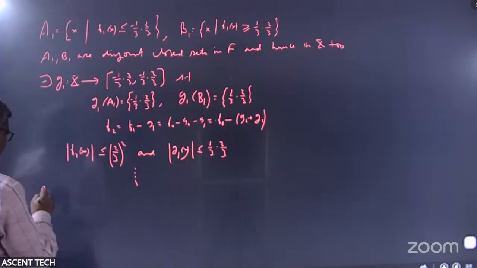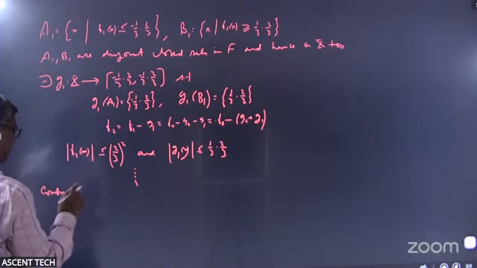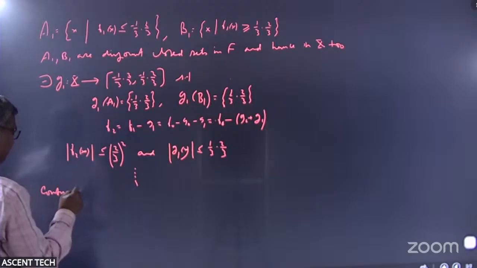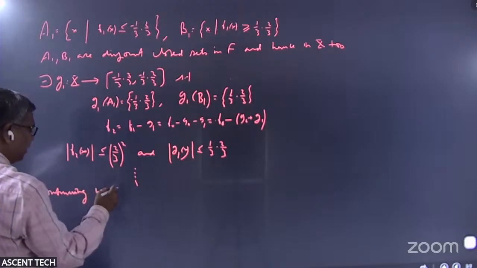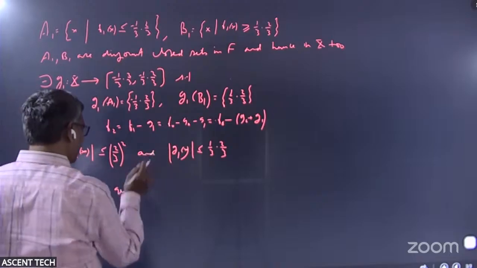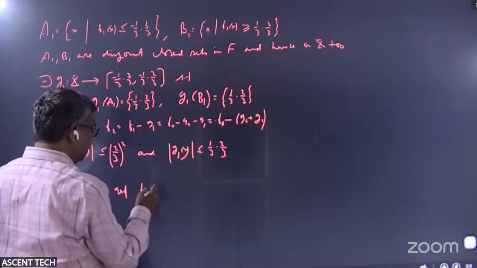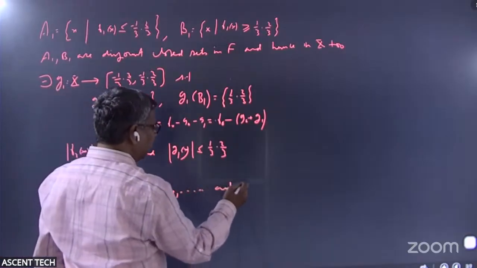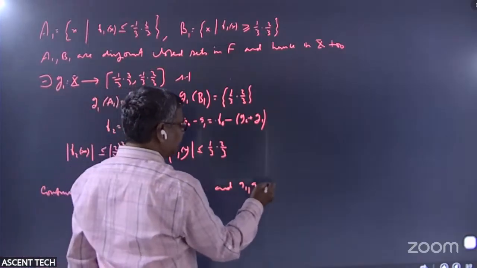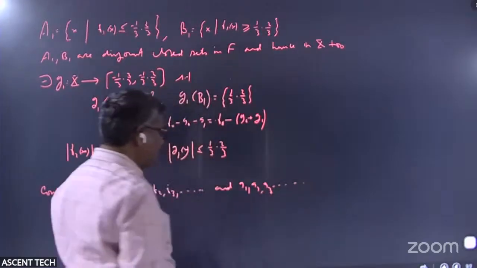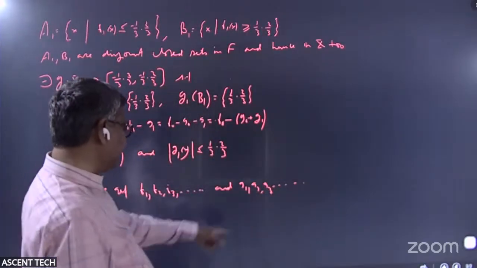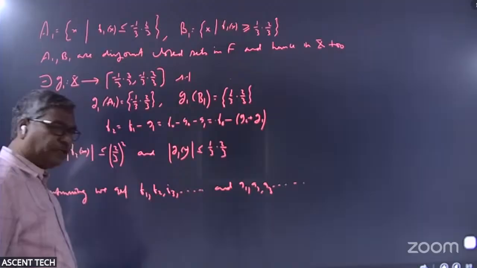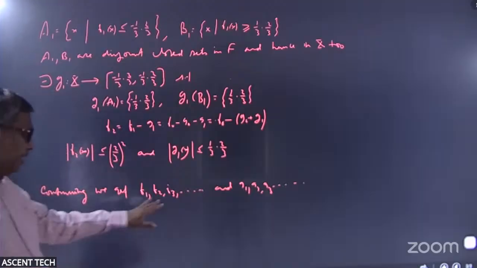Continuing, we get F1, F2, F3, and so on, and G1, G2, G3, and so on. All these functions are continuous functions on F.